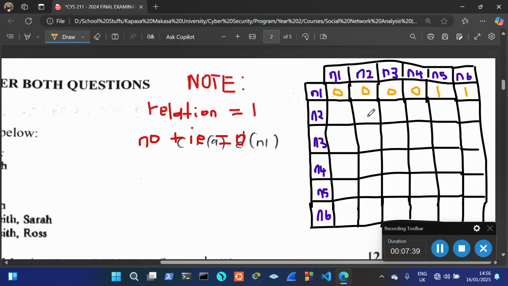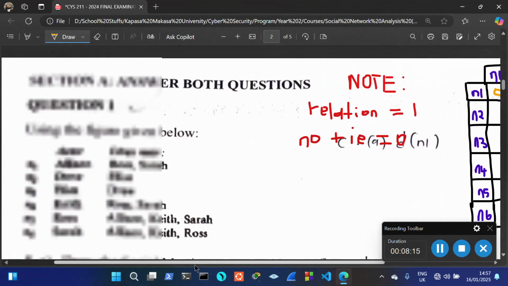Same applies with N2 and N2, N3 and N3, N4 and N4, N5 and N5, and N6 and N6, again we indicate a 0. Why? Because this tie will never exist, because you cannot have a relation with yourself. For example, me having a relation with myself is abnormal, it's not possible.